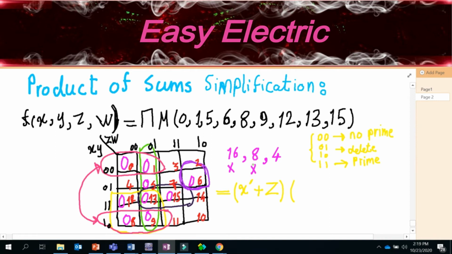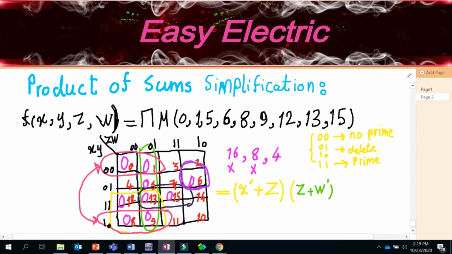So z here is 0, which gets no prime, plus, and the w is 1, which gets the prime. So this is the corresponding term for this group, which we put inside the green circle.